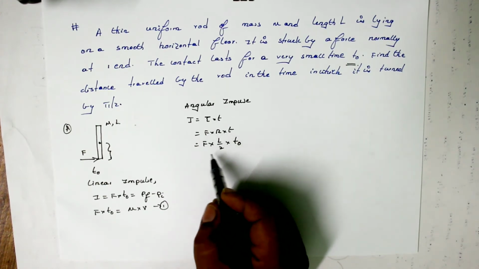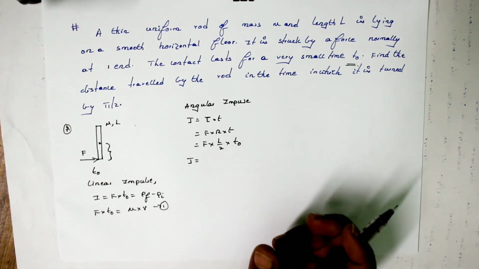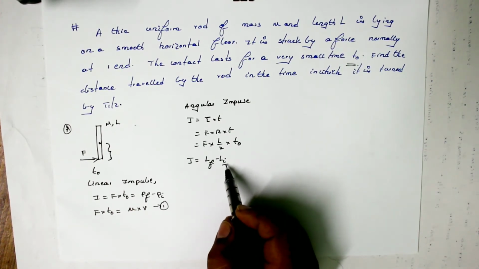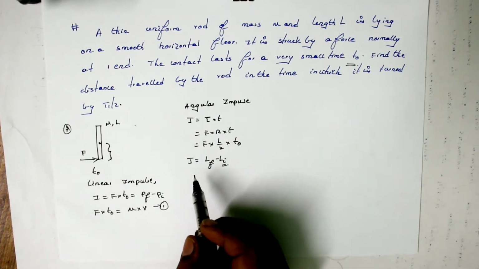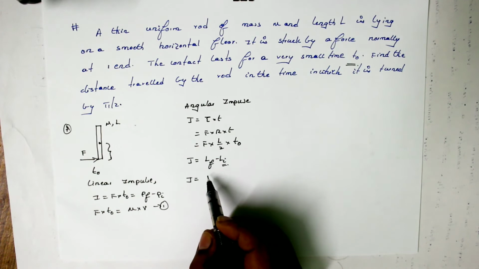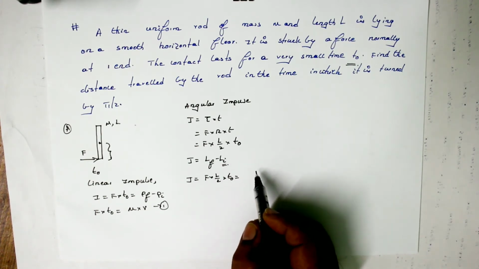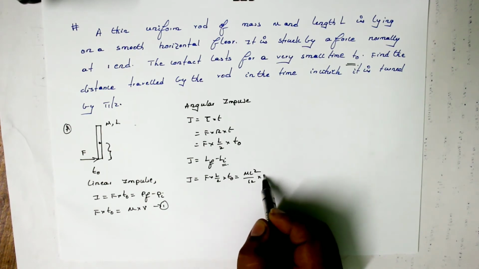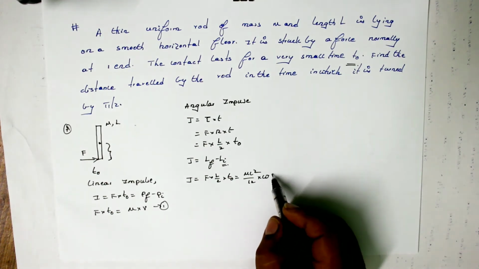So this is the angular impulse which is generated. Angular impulse changes the angular momentum of the rod. So I can write L final minus L initial. Again, L initial is 0 because initially the rod was at rest. So J is equal to F into L by 2 into t naught, and angular momentum of this rod is I into omega. I value is mL square by 12, into omega. So this becomes our equation number 2.